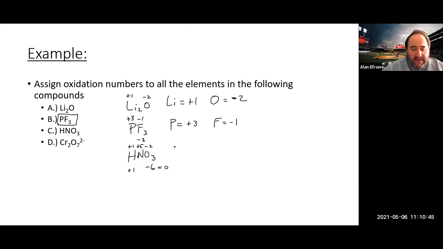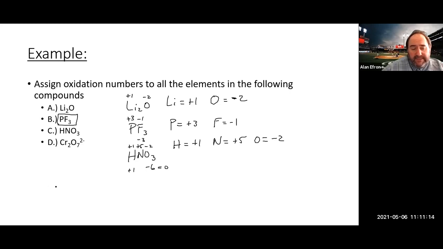So the oxidation number of hydrogen is +1, nitrogen is +5, and oxygen, again, not the grand total, but just -2. Same idea with nitrogen. We sometimes think of it as -3 when it's hooked up with a metal. In this case, it's not hooked up with a metal. In this covalent bonding, it takes on a characteristic +5 charge. Any question on that?